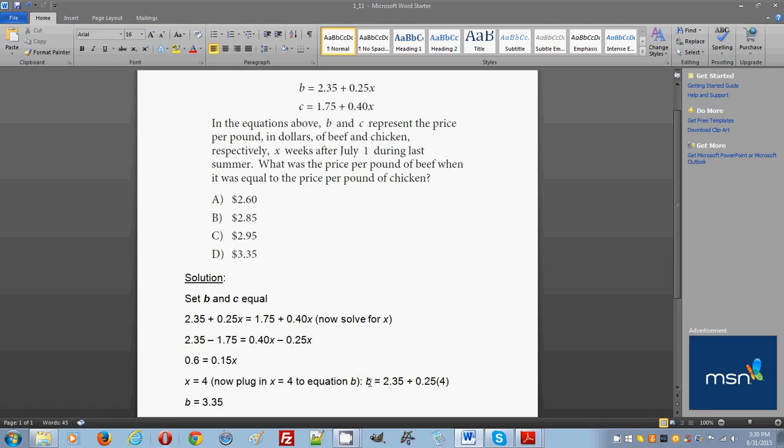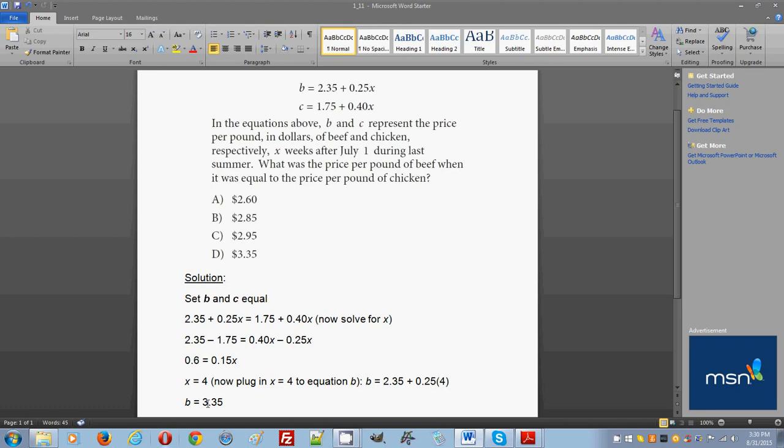Okay, so b is equal to 2.35 plus 0.25, and we must substitute the x value with x is equal to 4, and we get 2.35 plus, and 0.25 times 4 is just 1, right? So 2.35 plus 1 is equal to 3.35. So this is the price per pound for beef 4 weeks after the July 1st during last summer, right?